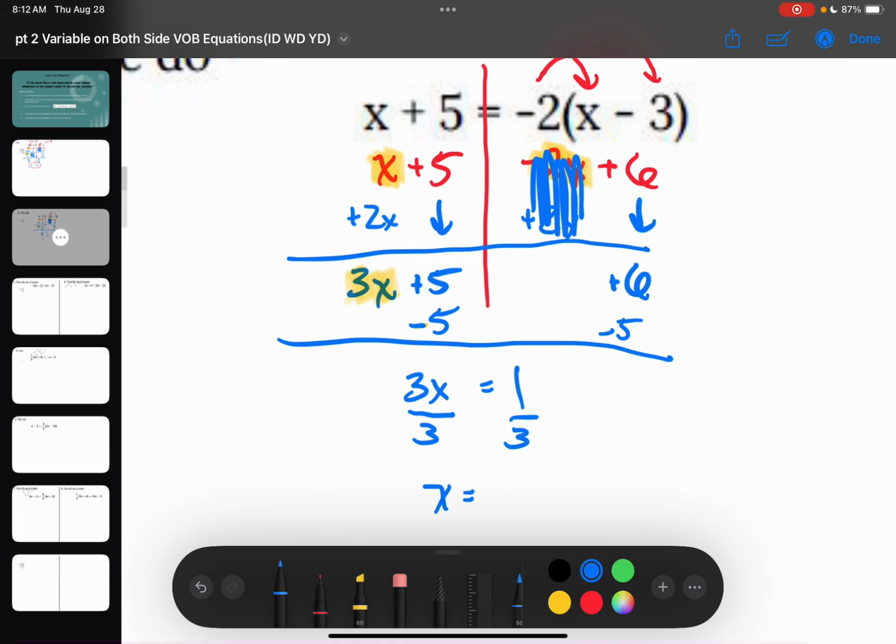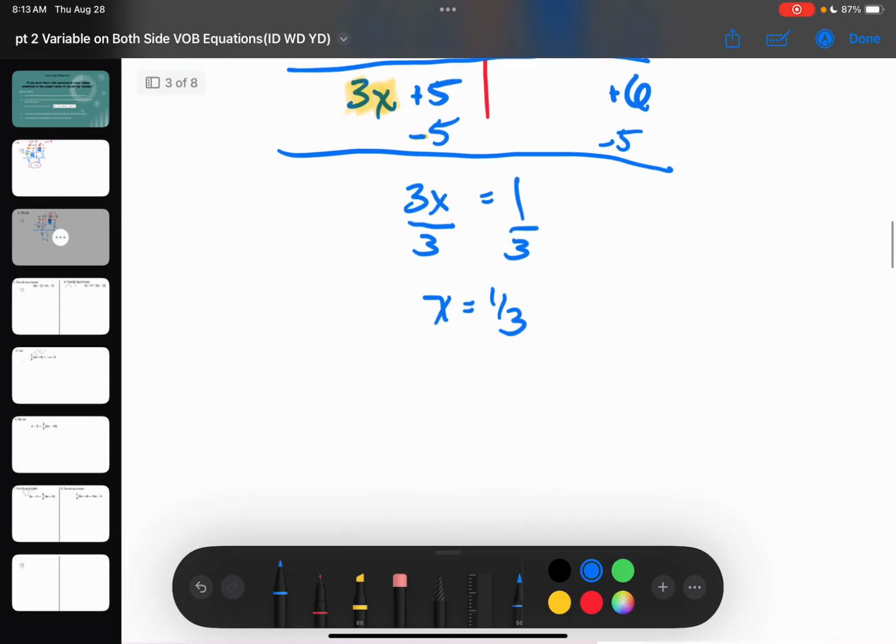So x is going to equal 1/3, and that's okay. And if we check it, we end up with the same answer on both sides. I just did that on my calculator to verify, but we're good.